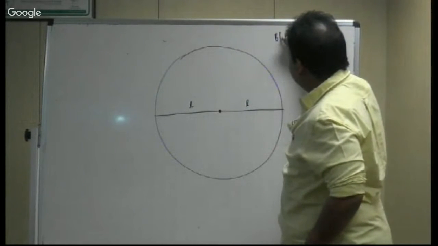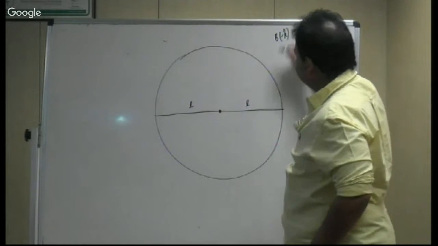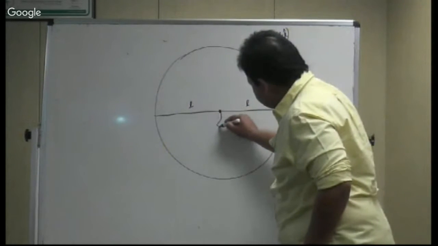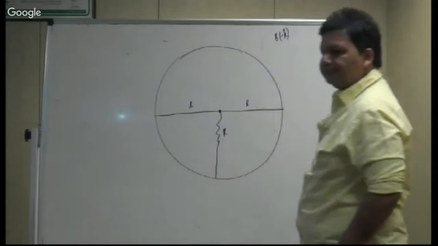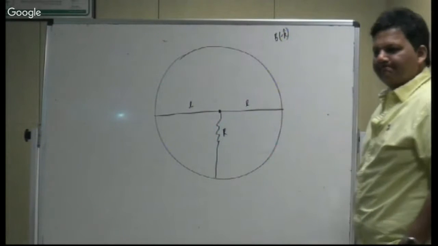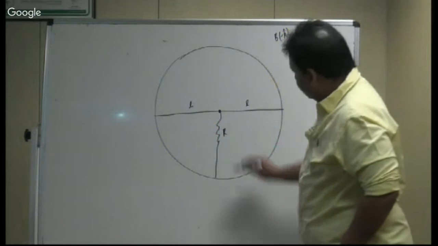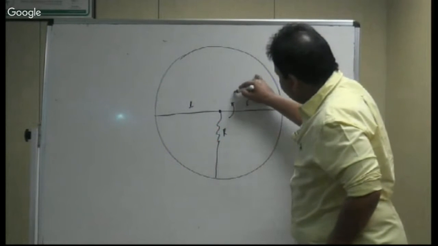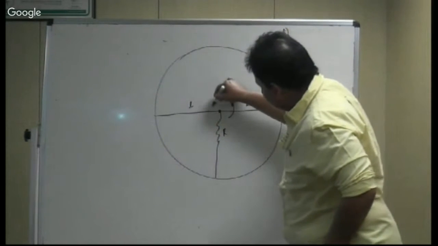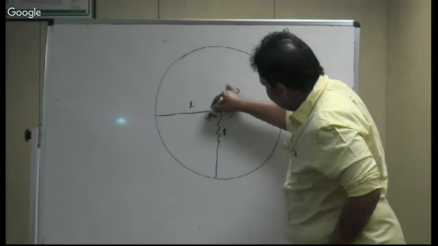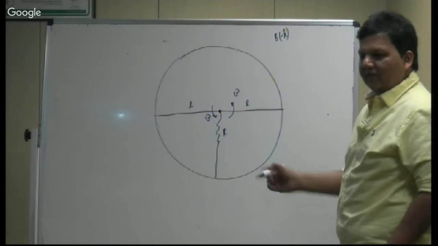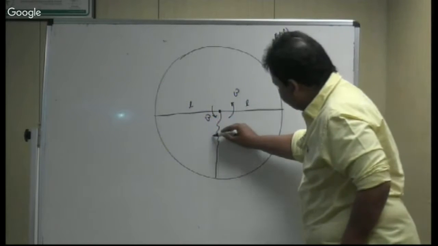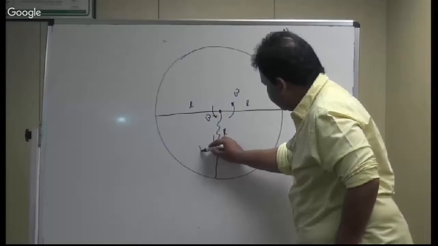Magnetic field B minus K cap, and an external resistance capital R. Perfect. दोनों same angular velocity in the same direction are rotating with same angular velocity. Instead of one rod, there are two rods. You have to tell me what is the current in this resistor.